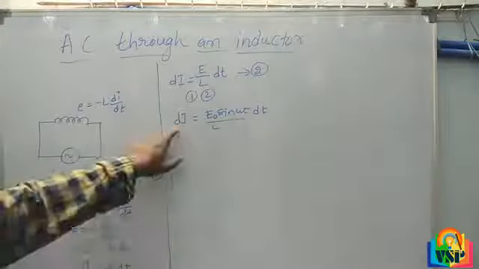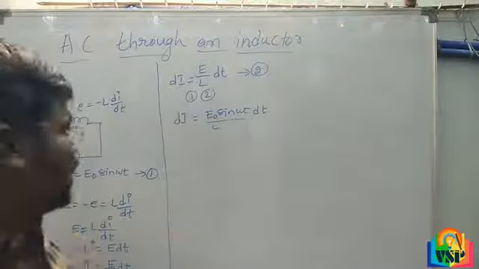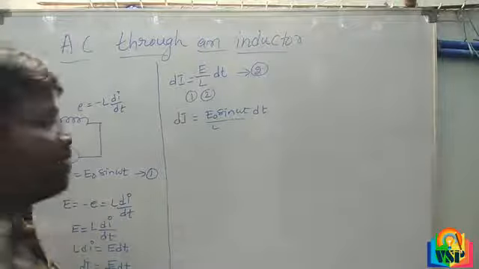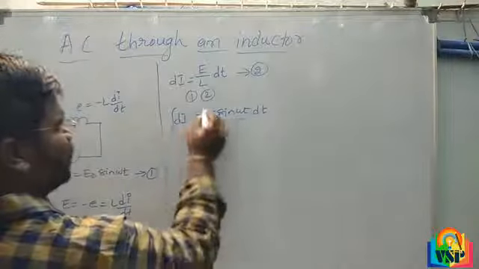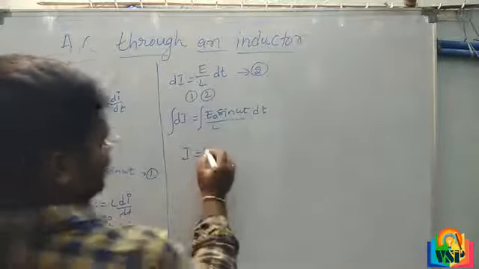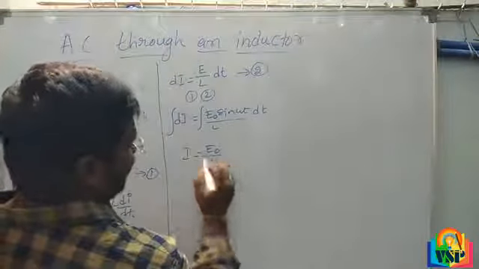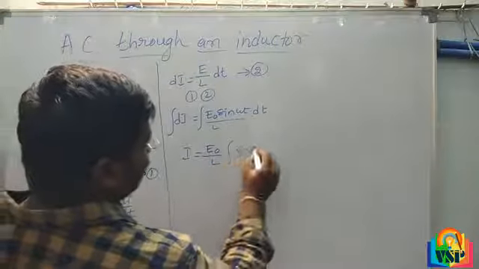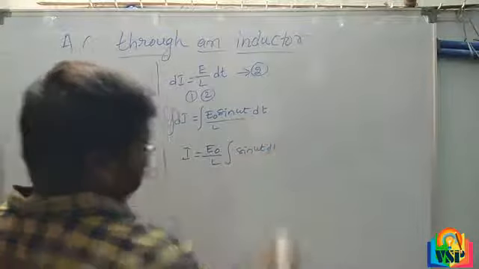Here di is in differential form, so to get current we integrate both sides. E naught by L is constant. Integration of sin omega t dt.